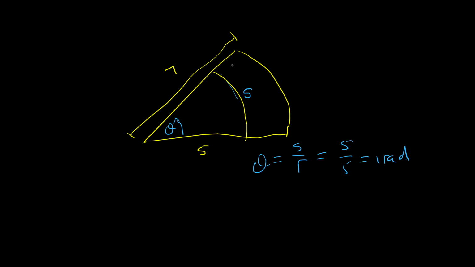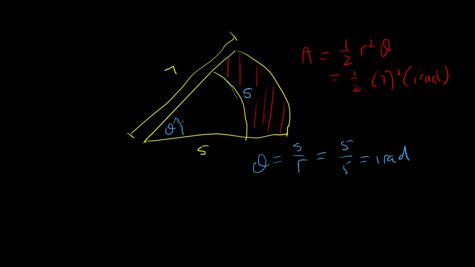Okay, the question could be now, let's calculate the area of this part here, which is the difference between these two sectors. To get that, we need to get the area of the big sector, which would be half radius squared times angle. Remember the radius for the big sector is 7, so it's going to be half times 7 squared times the angle, which is 1 radian.